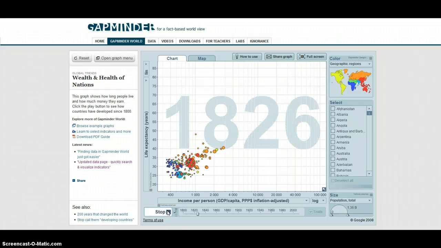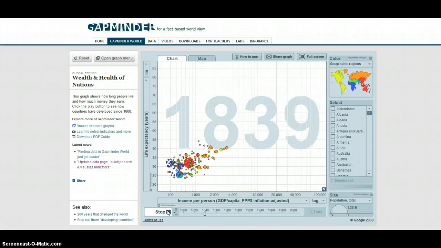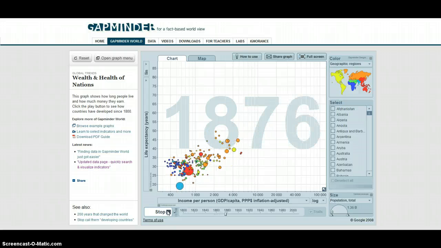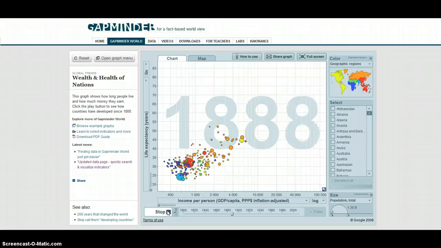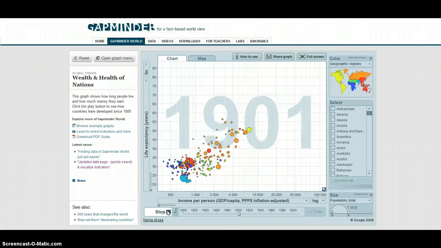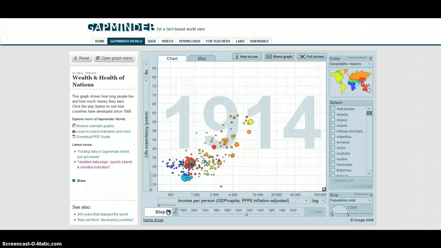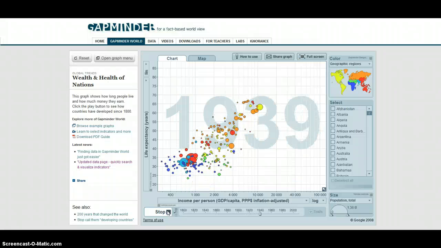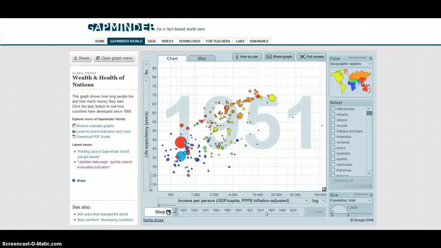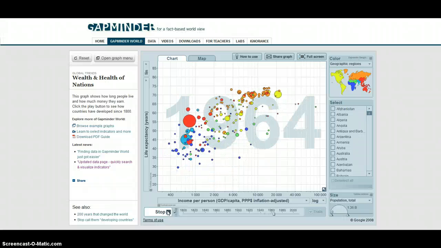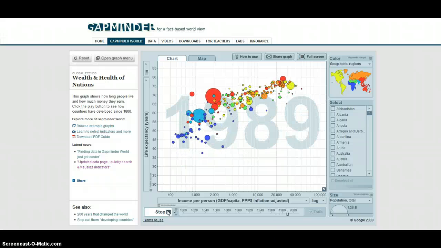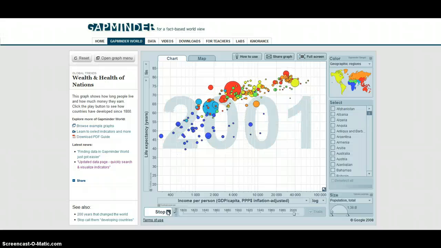So what this does is it shows starting from 1800, and it takes us through, I think it's around 2005, 2007, and they actually are intrigued by movement of these plot points. And I play this a couple of times so they can see what's happening with specific countries around specific dates.